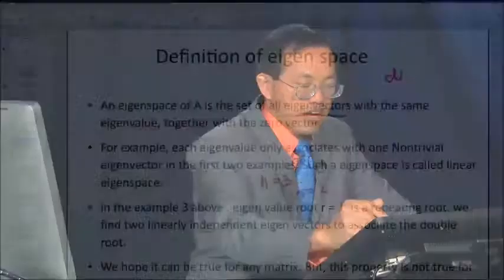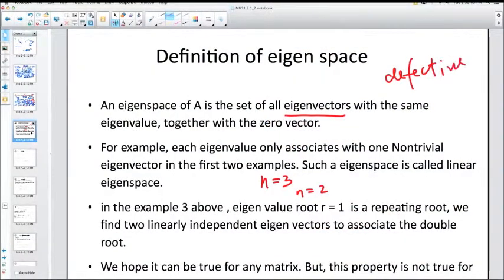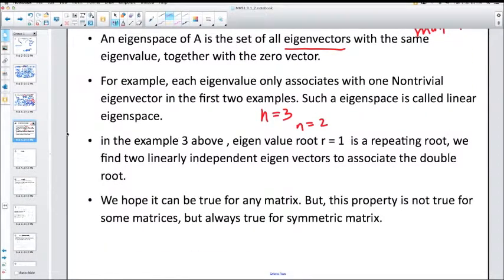Unfortunately, this is not always true. For those who cannot find enough eigenvectors, we call it defective. Now we are going to define the name called defective matrix. But we can guarantee it to be true when the matrix is symmetric.